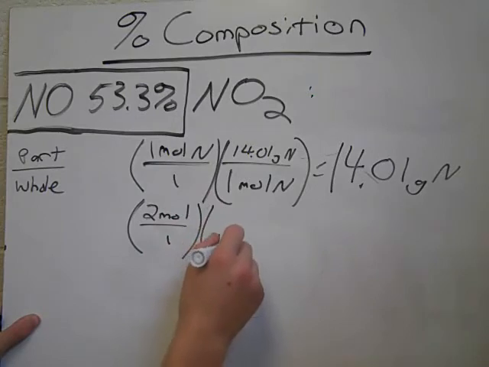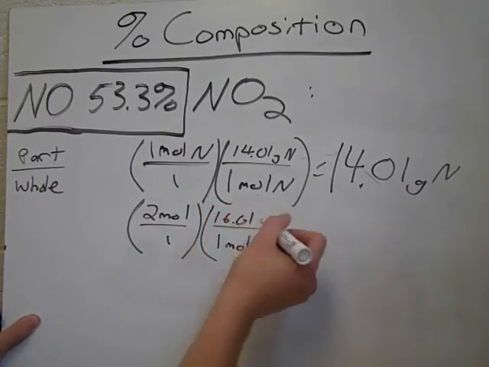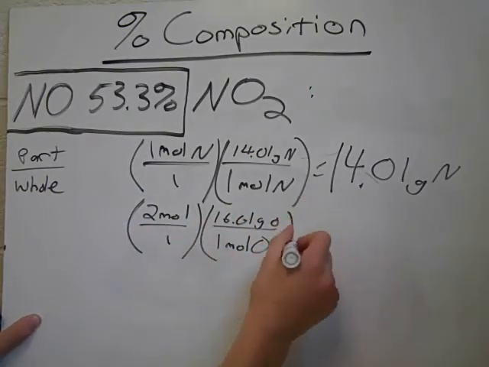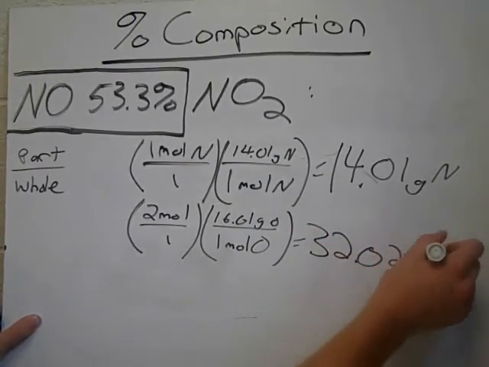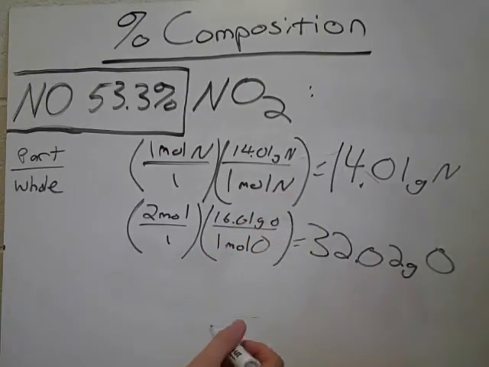You still keep the 1 mole of O down here, and this still equals 16.01 grams. So now you're going to multiply 2 by your 16.01 to give you 32.02 grams of O.